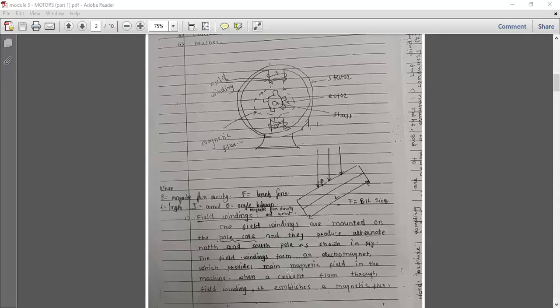When the current flows through this coil, the field winding, it establishes a magnetic flux. Can you see a magnetic flux which encircles your rotor? This magnetic flux is produced by the field winding, because the current is flowing through the field winding, a magnetic flux is introduced over here.